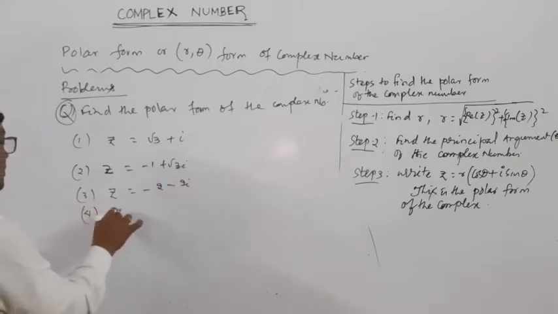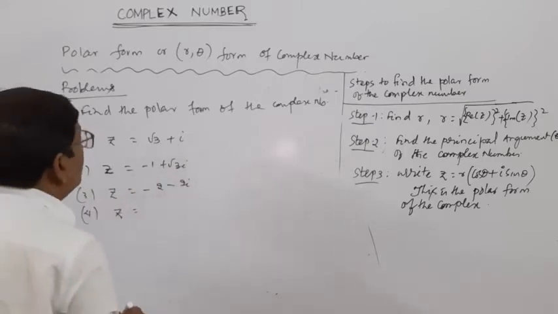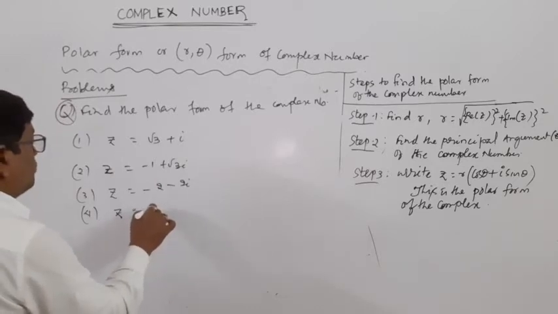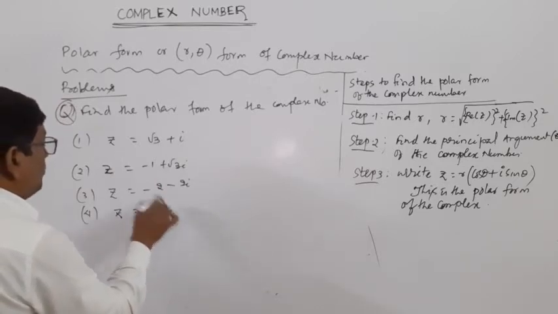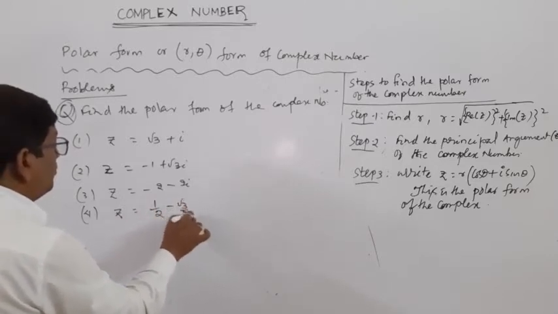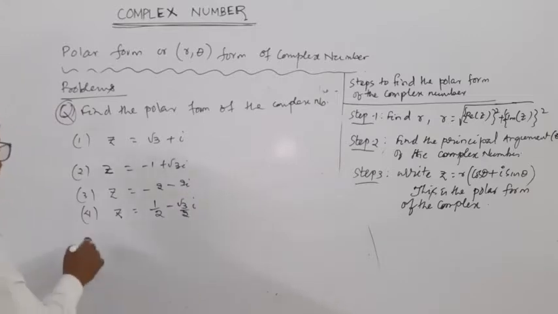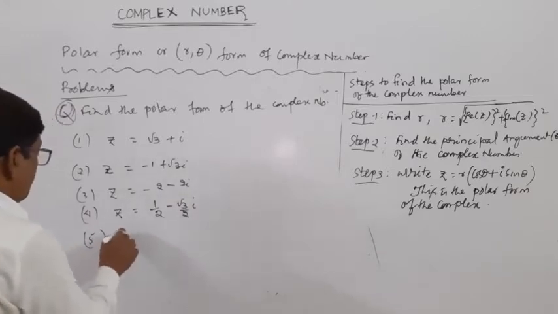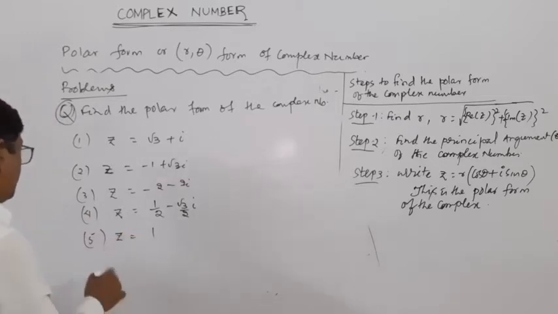Fourth one, z is equal to 1 by 2 minus root 3 by 2 into I, and fifth one is z is equal to 1.